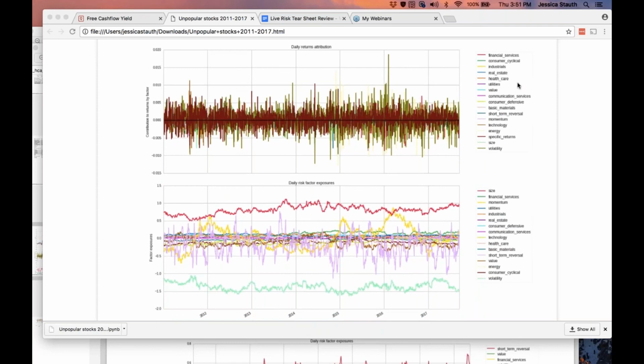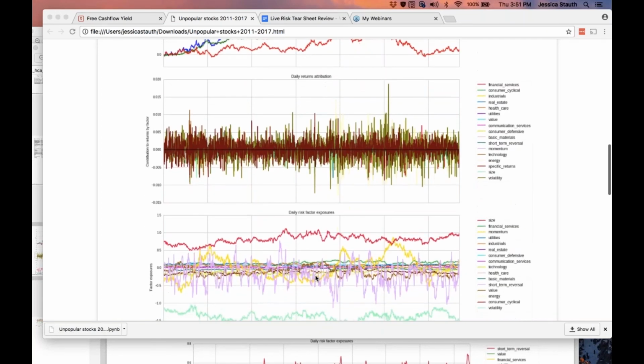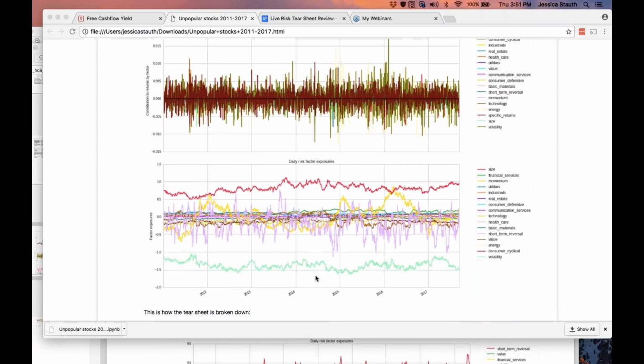Yes, thanks, Jess. For this, there are 11 sector factors and 5 style factors. It looks quite crowded, and it's hard to view unless you look very closely.